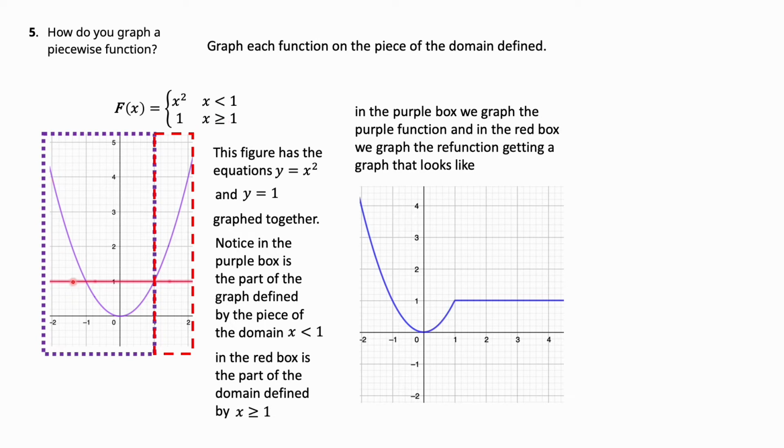So from negative infinity up to 1, I follow the purple equation, and then once I get to 1, I switch and follow the line y equals 1. So you get a graph that looks like this. And that's what we mean by a piecewise defined function: different functions defined over different pieces of the domain.